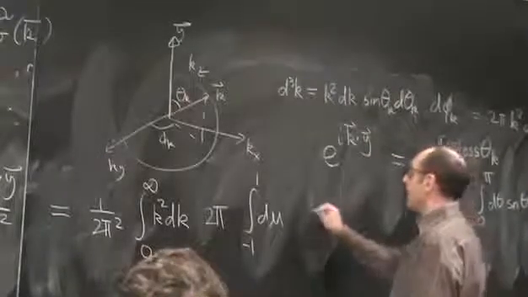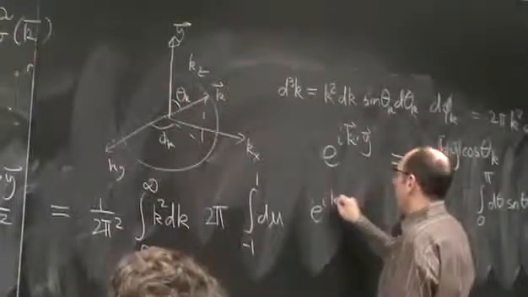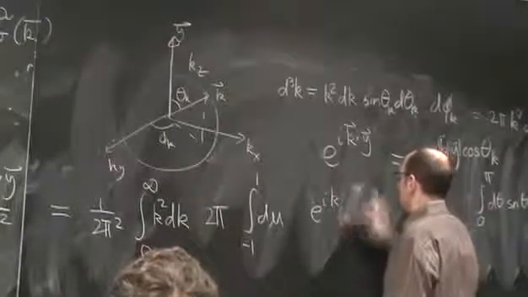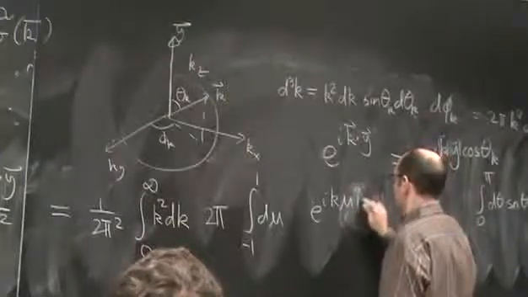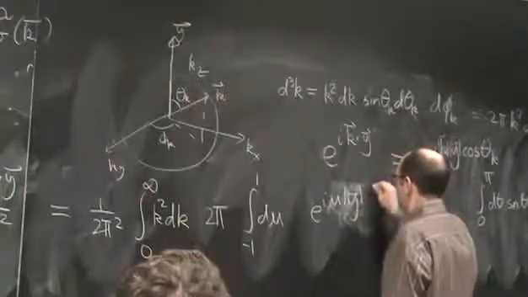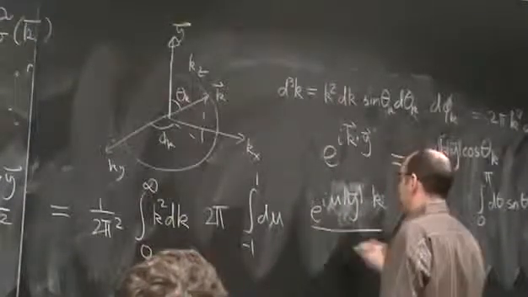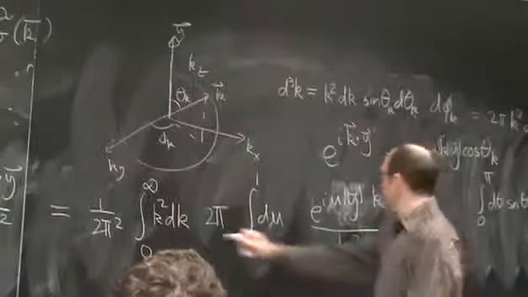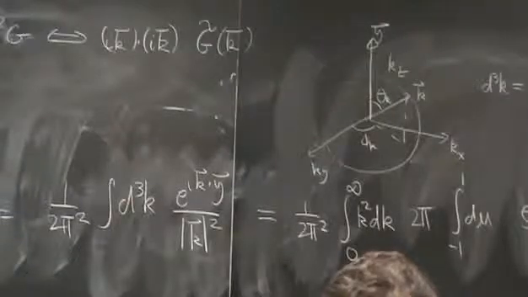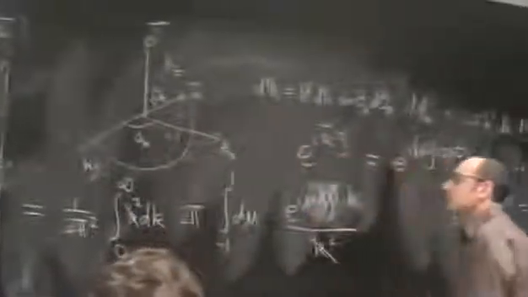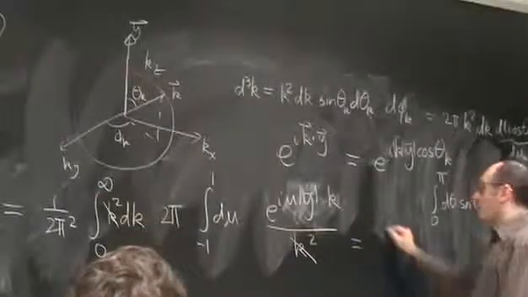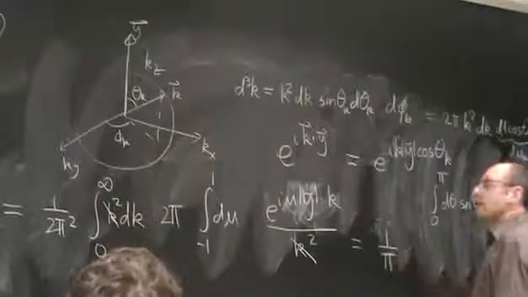Then we have e to the i k magnitude of y mu, divided by k squared. So this cancels, and we now integrate this. We get 1 over pi.